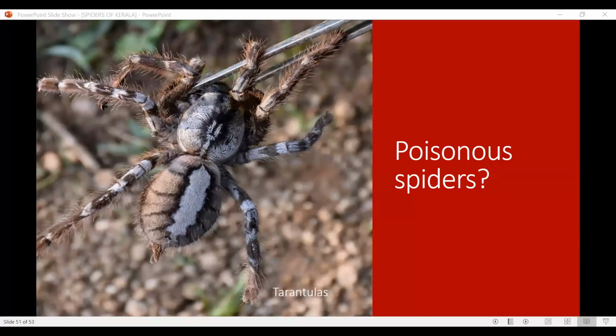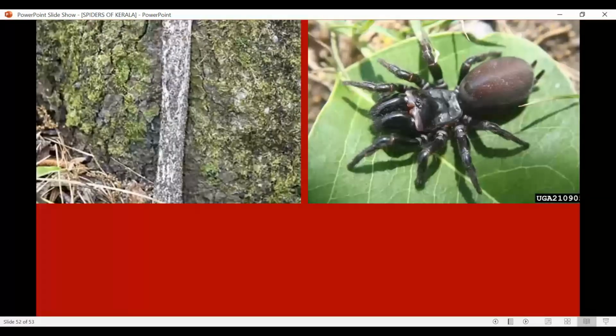Now, one more species I would like to introduce before I conclude. This is the purse web spider. I have not seen this spider, but I have had a report from one of my friends that he had seen a web like this one, and I probably think that it is this purse web spider.